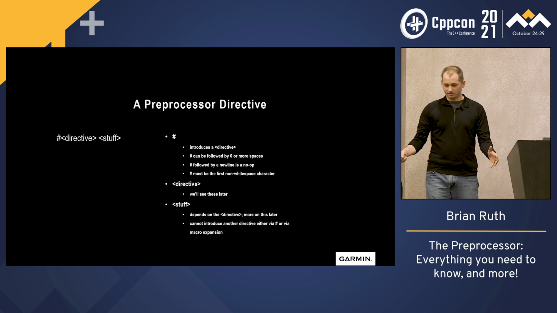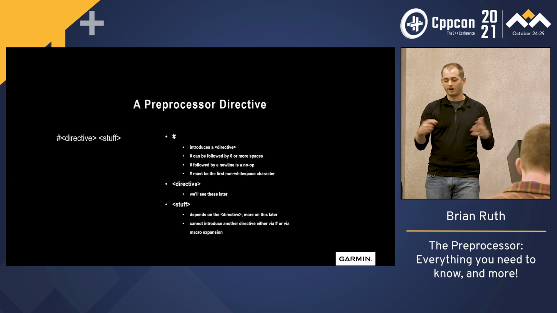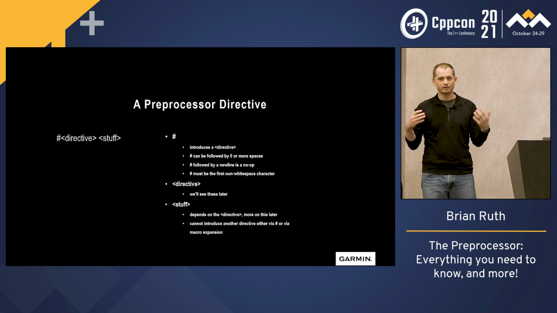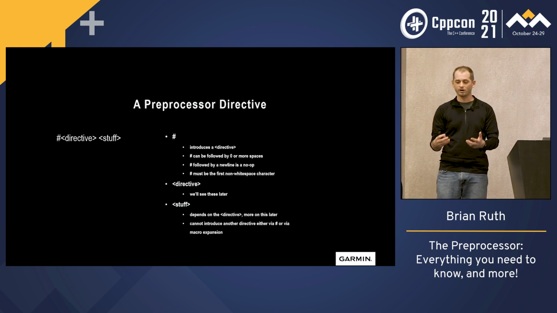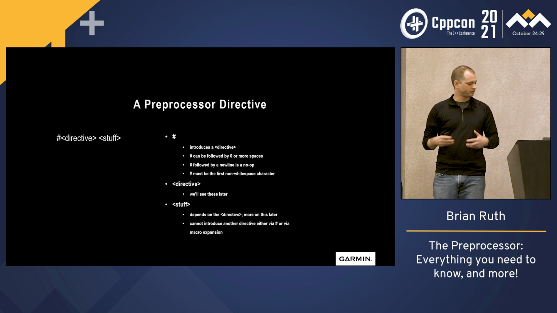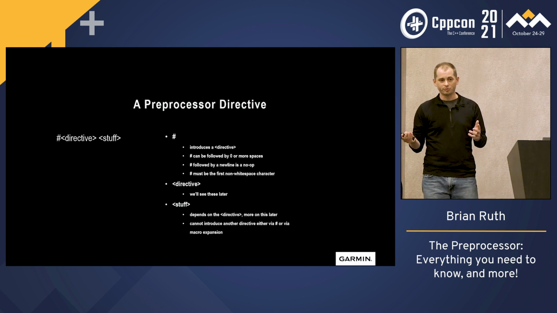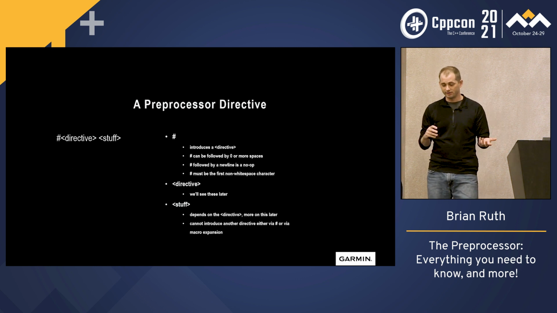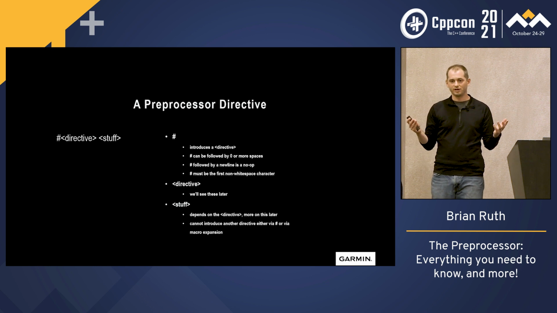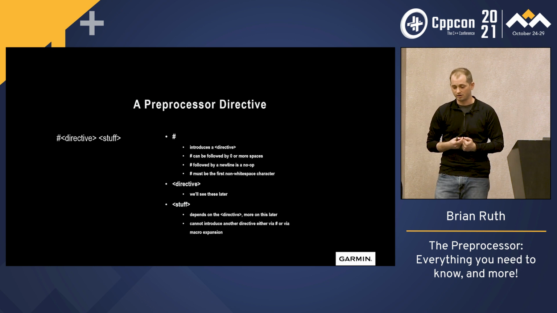Preprocessors are introduced by the preprocessor directive. So the #, octothorpe, hashtag, whatever you want to call it, is going to introduce some directive in the code. Now, this could be followed by any number of spaces. It can have leading spaces. Any of that's fine. If you just have a # by itself, it's essentially a no-op.